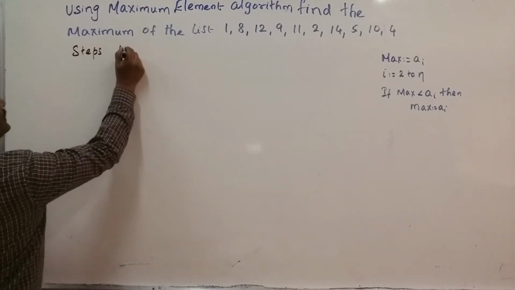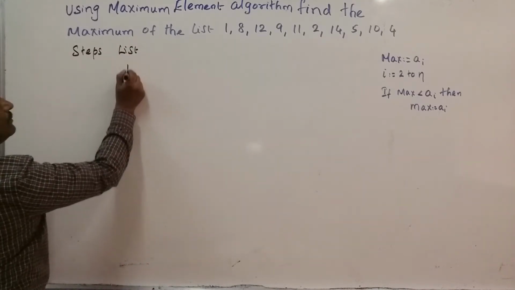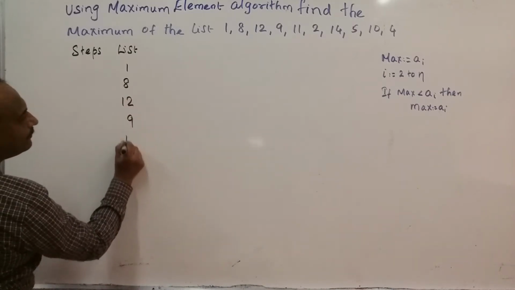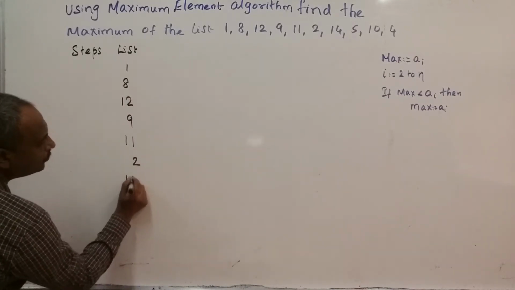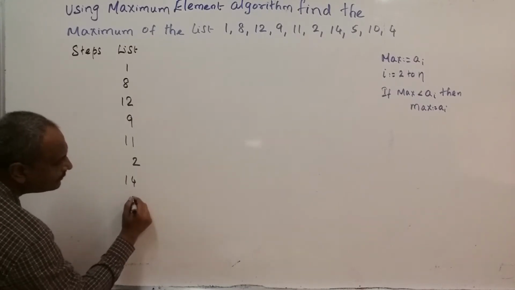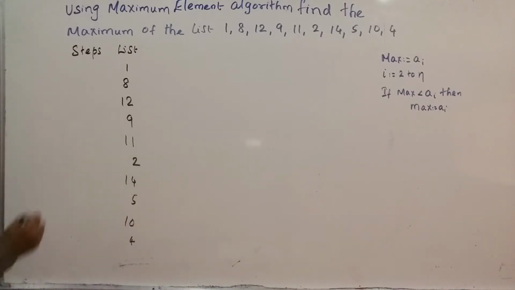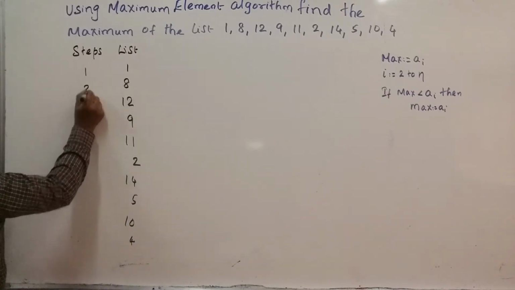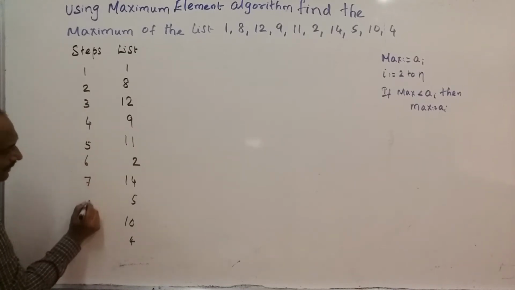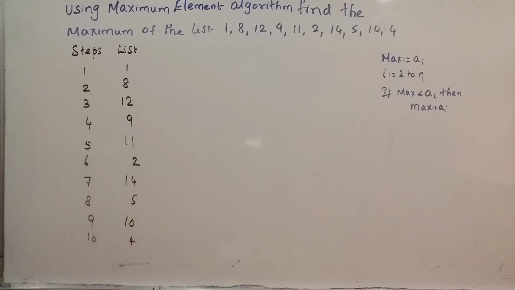I am going to write the list: 1, 8, 12, 9, 11, 2, 14, 5, 10, and finally 4. So we have 1, 2, 3, 4, 5, 6, 7, 8, 9, 10 steps.